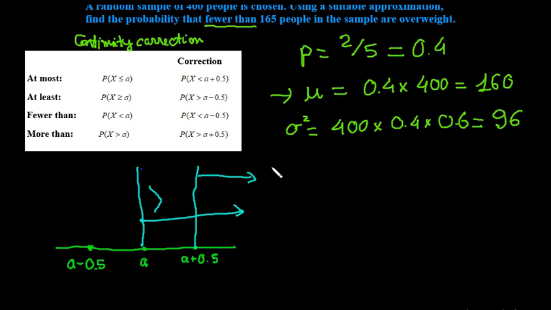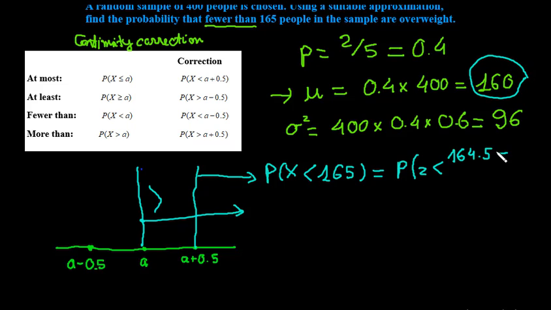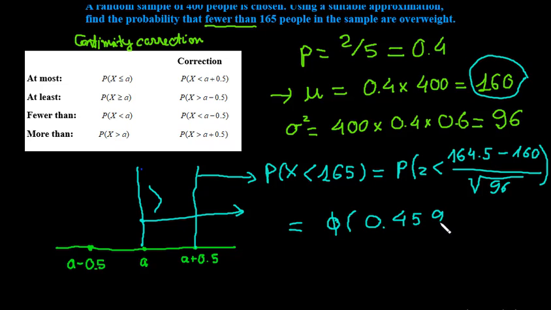Now we will work out the rest of the question. Using a suitable approximation, find the probability that fewer than 165 in the sample are overweight. So P(X less than 165) equals P of my z-score smaller than, with my correction of minus 0.5, 164.5 minus the mean, here's my mean, 160, over the standard deviation, and we take the square root of 96, which equals 0.4593.